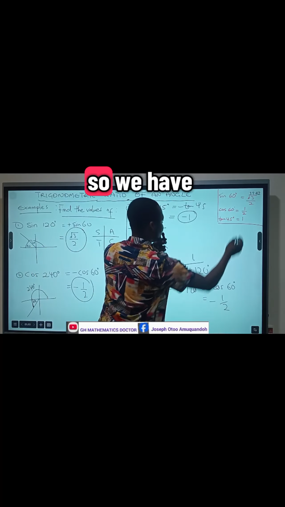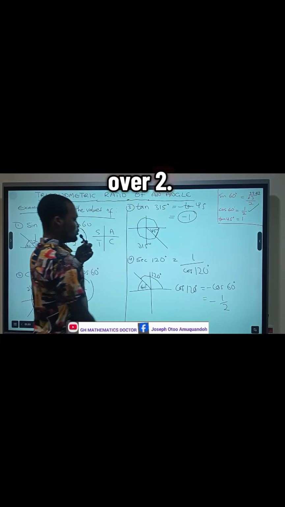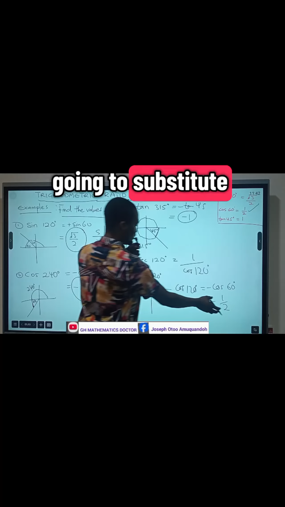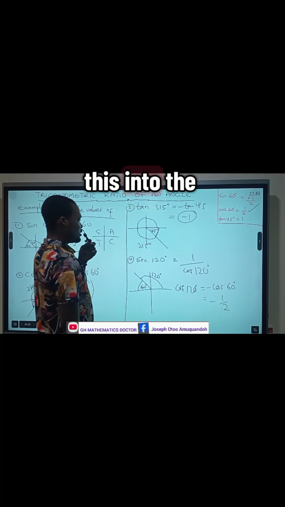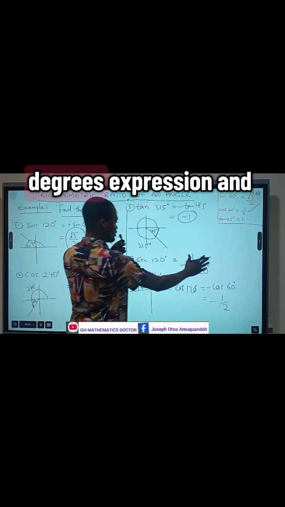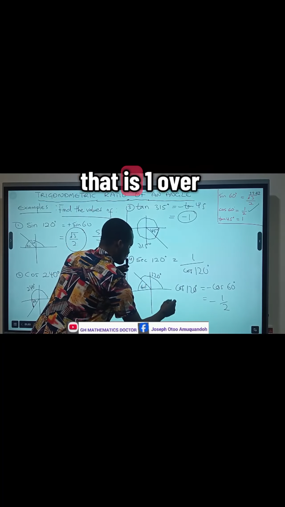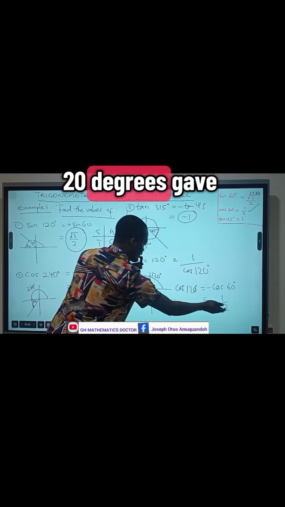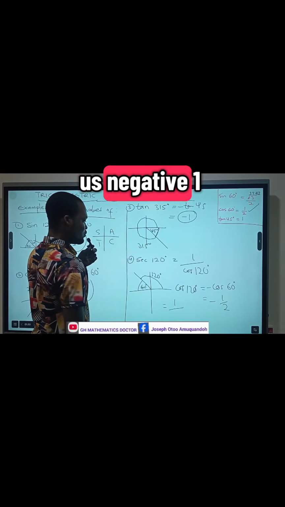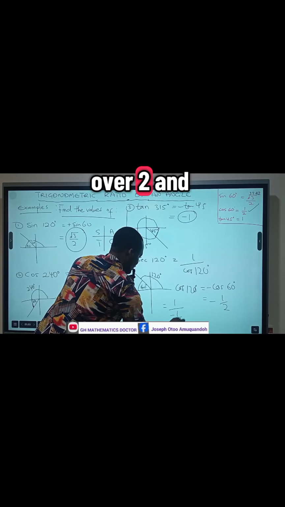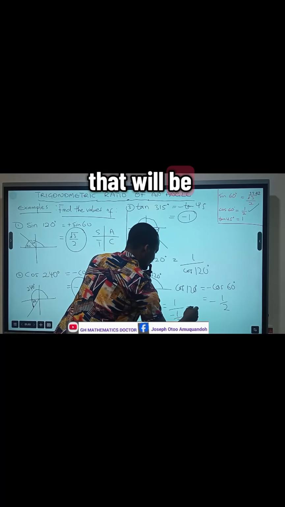So we have it here, 1 over 2. Now we are going to substitute this into the sec 120 degrees expression, and that is 1 over cos 120 degrees, which gives us negative 1 over 2, and that will be negative 2 as our final answer.